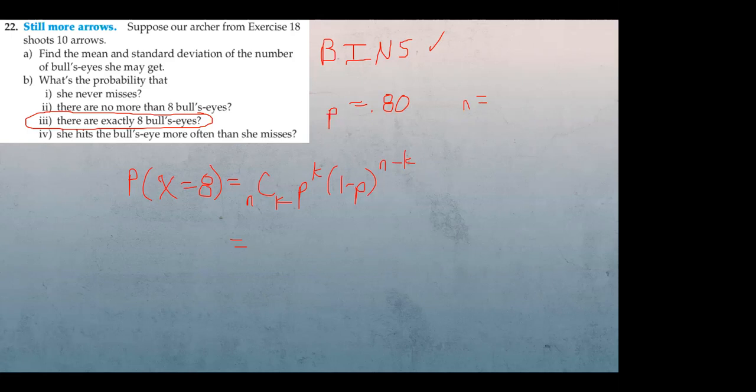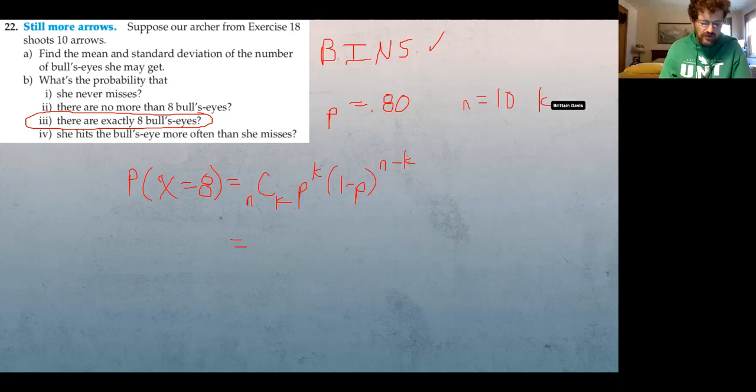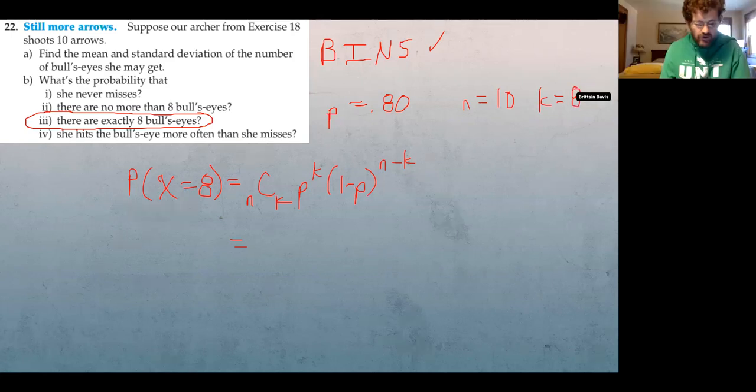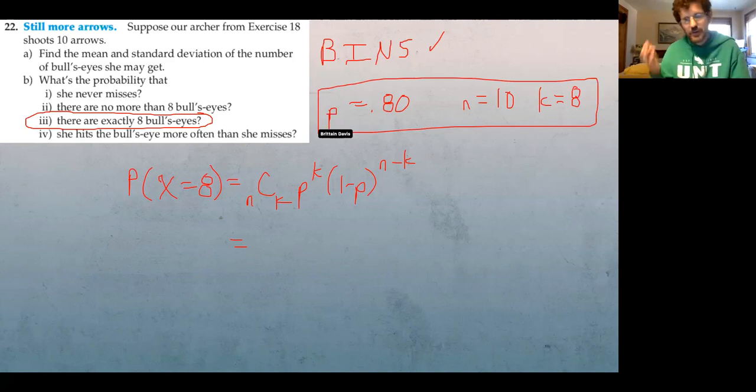Ten. And k is 8. So as long as we know these 3 numbers, we can plug this into our calculation. And I'll just repeat for the last time, you're not going to have to do this formula by hand very much, maybe if at all after today, but it's worth it for just now.